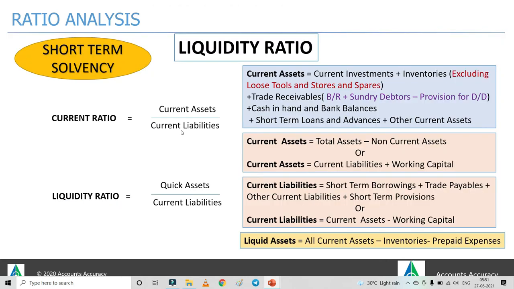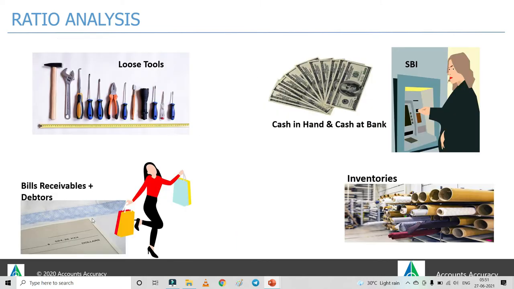This is the formula for current ratio, that is, current assets divided by current liabilities. These are the current assets: cash in hand, cash at bank, the inventories, bills receivable plus debtors, which together make the trade receivables of the company. Then come loose tools.